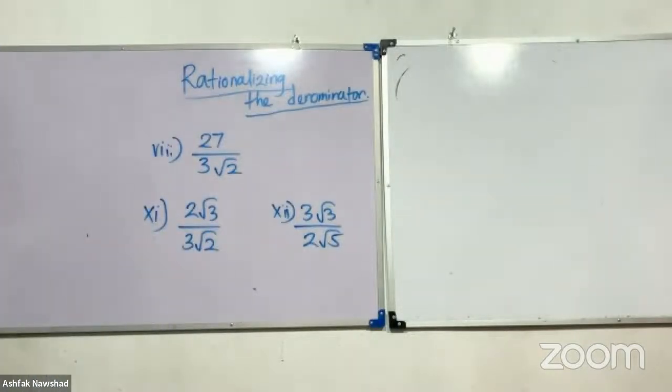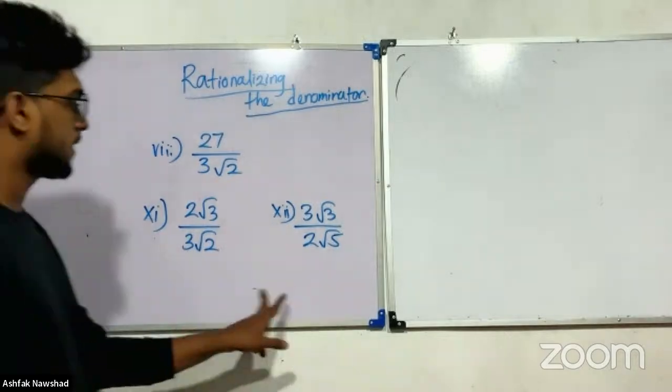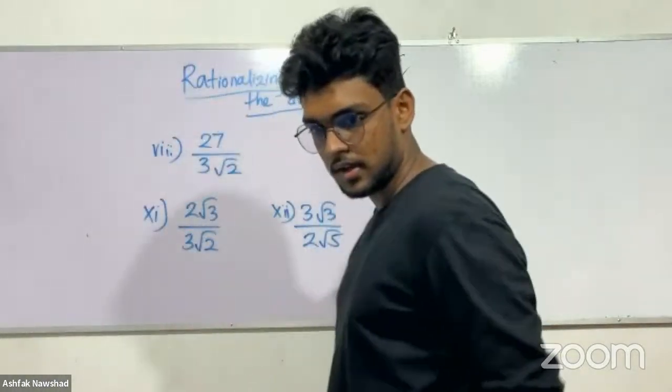Okay, first one. Second one's answer is root 6 over 3. Let's see. Second one. Yeah, second one's answer, you're correct.